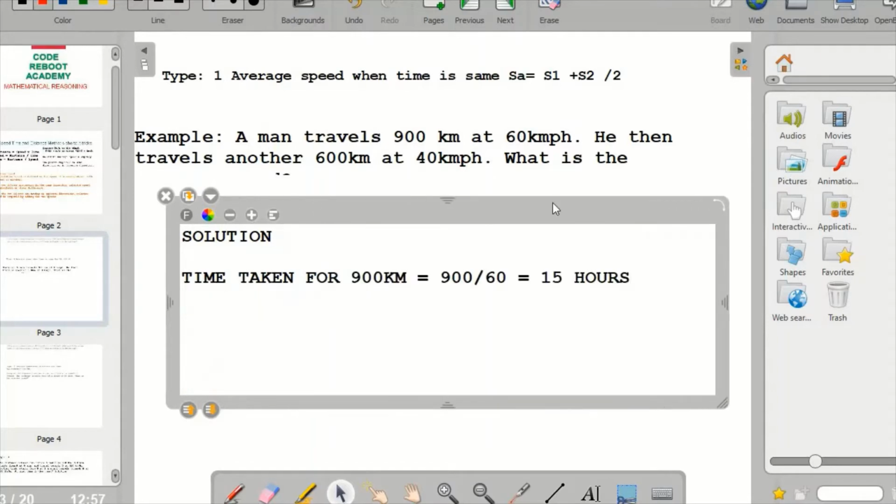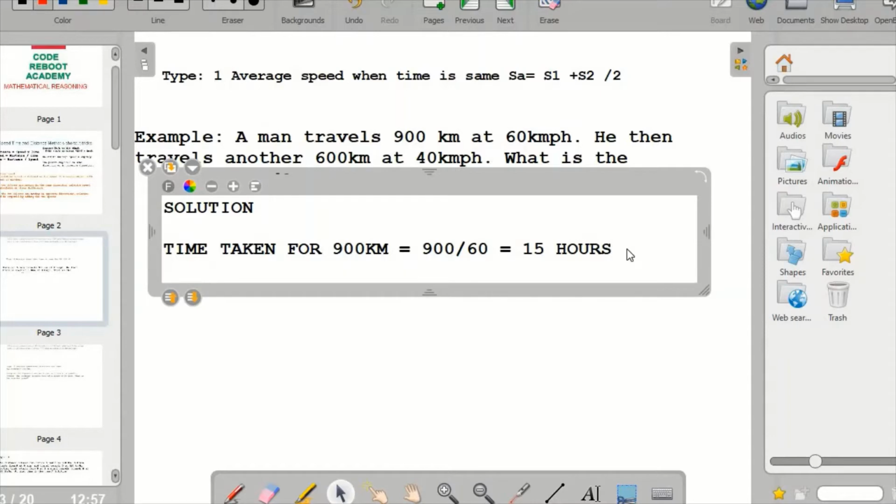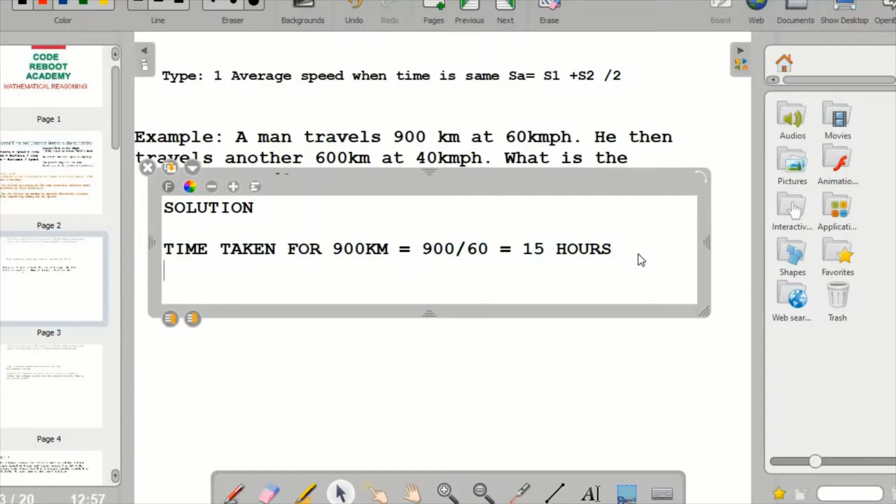As I said earlier, first we have to check whether the time is the same or not. The same thing, we have to calculate it for the 600 kilometers.